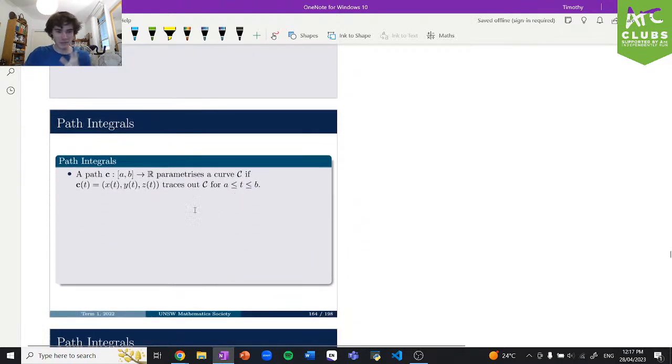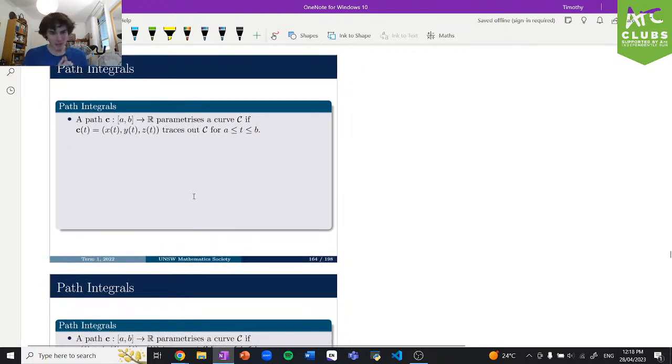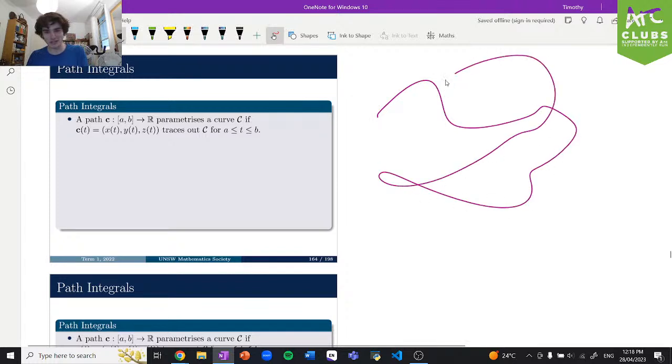So first of all, we're going to be taking a look at path integrals. A little bit of quick recap. A path is just any sort of description of a curve. It's sort of like a formalization of beforehand, you might have had big wiggles that go around in circles. A path is just a way of mathematically describing those.